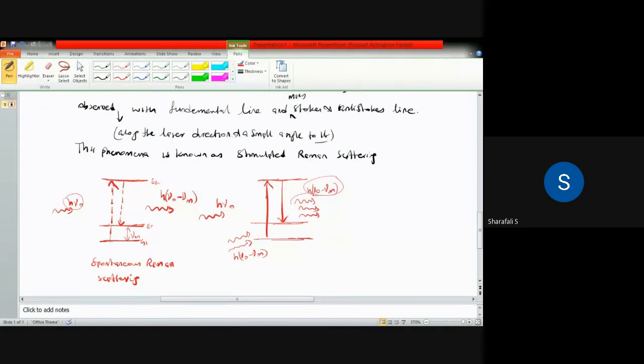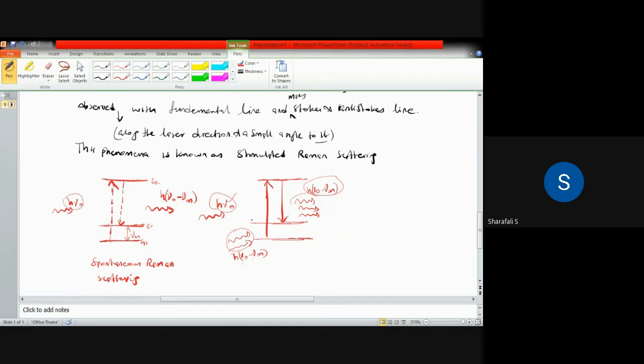So if there are n such photons of h nu 0 coming, along with this, h nu 0 minus h nu m photons will also be interacting with the material. In normal cases, it will not have enough intensity; the number of photons will be less. But in this case, because you already have a very high intensity pulse, the number of photons is very large.